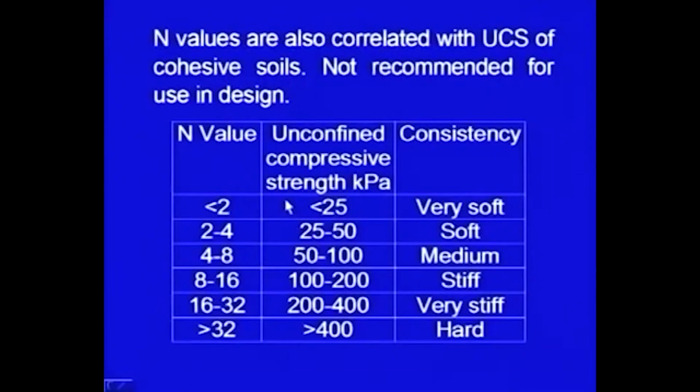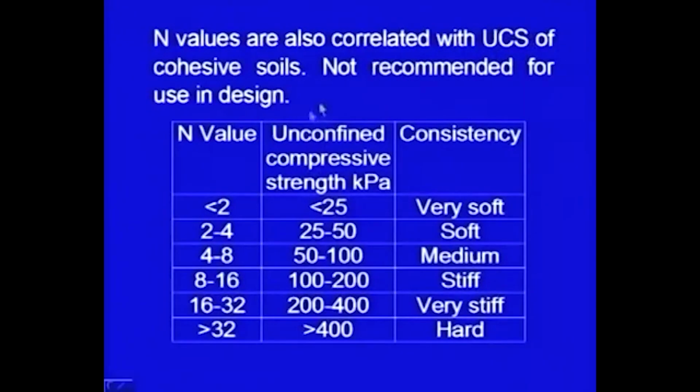Now, some people have used the N values for cohesive soils also, and they have found a correlation between the UCS and N values. UCS means unconfined compressive strength test. The UCS test is also done in a short duration, so it is also time independent.